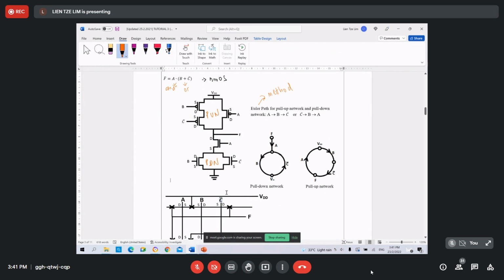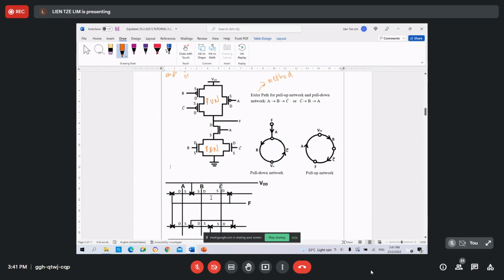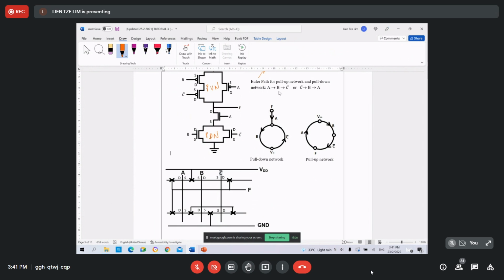For this one, we can easily identify the Euler path. The path can be A, B, C, which goes through each of the transistors having inputs A, B, C bar, or the path going through the transistors with inputs C bar, B, and A. The stick diagram here, I follow this Euler path.